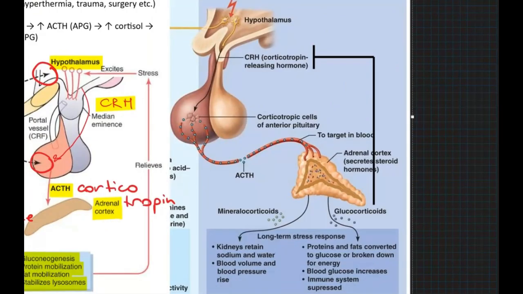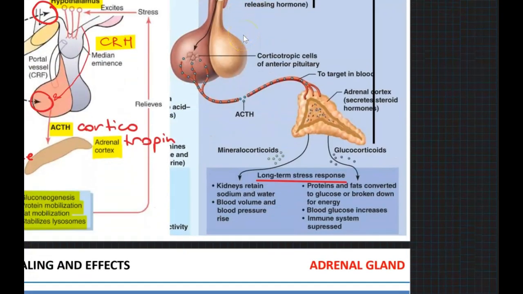Now, one of the conditions that is driven by stress is hypertension, elevated blood pressure. How does that work? Turns out that during the long-term stress response, not only glucocorticoids, namely cortisol, are stimulated, but also mineralocorticoids are triggered as well.